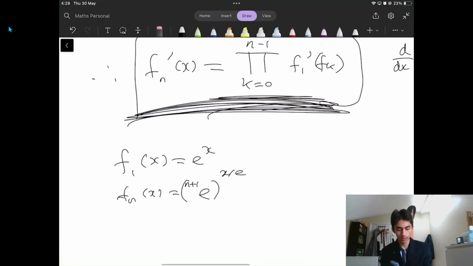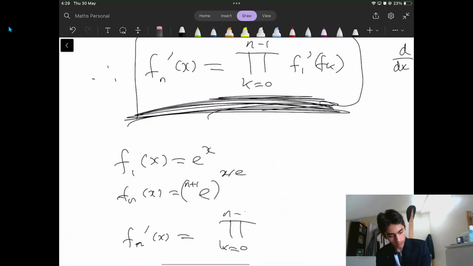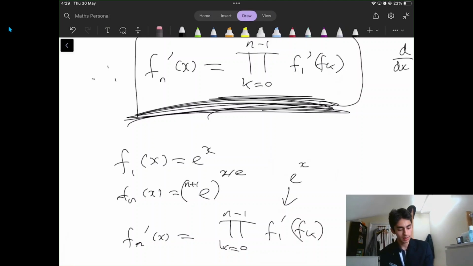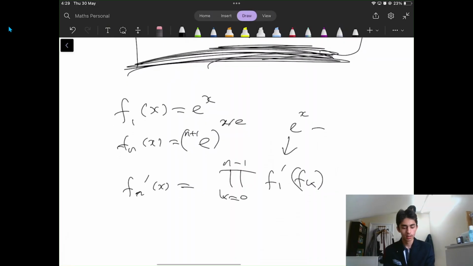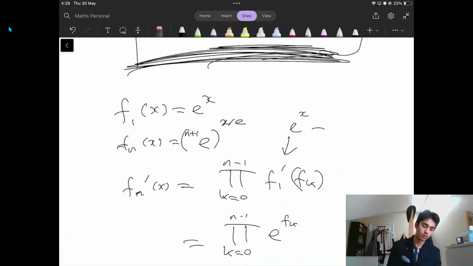So if we use this, fn prime, we get the pi as k goes from 0 to n minus 1 of f1 prime of fk. f1 prime, by the way, is e to the x, right? But instead of e to the x, we're inserting e to the fk, right? So we get pi, k goes from 0 to n minus 1 of e to the fk, right?